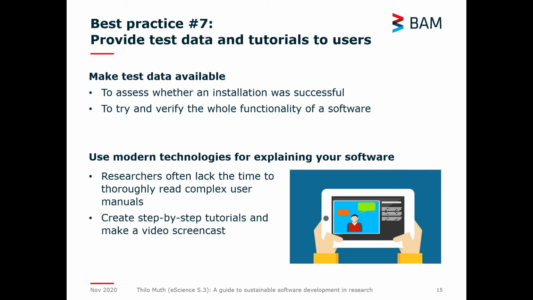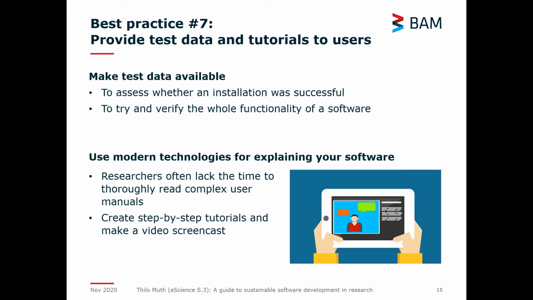So the last guideline I want to give you here is to provide test data and tutorials to users. When you write software, when you write methods to code, you usually have test data. You have probably plenty of test data. So make these test data available to your users, to other developers.